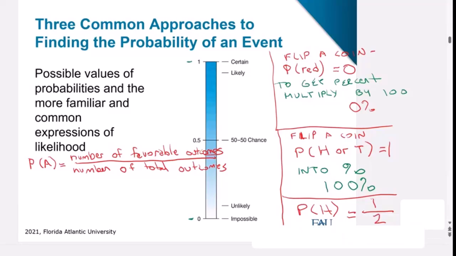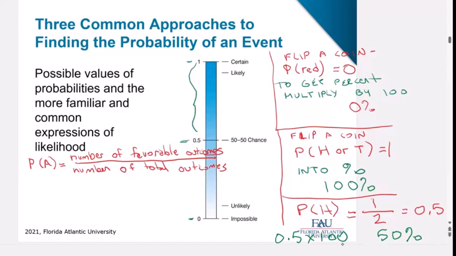Head or a tail, 1/2 is the same as 0.5. And if I multiply that by 100, I can just move my decimal place. If I want to multiply by 10, I move it to the right one. If I want to multiply it by 100, I move it to the right 2. 0.5 is the same as 50%. And that would be right in the middle. Things that are between here and here are more likely to occur than not occur. And things that are between here and here are more likely not to occur than to occur.